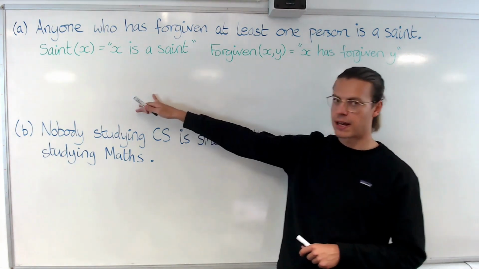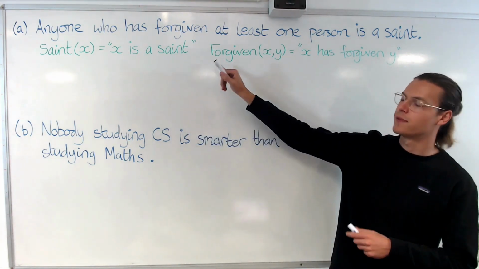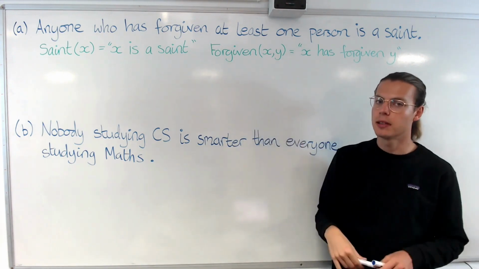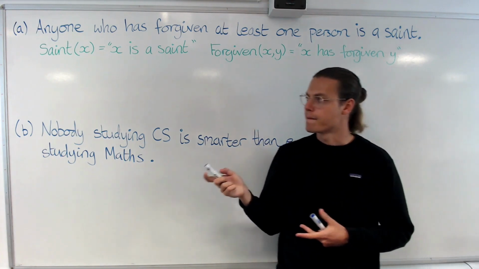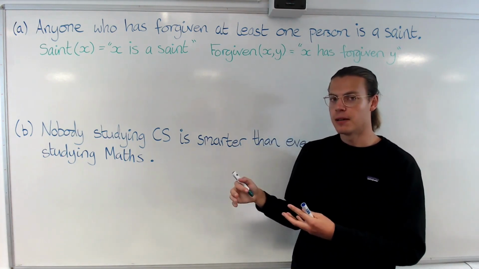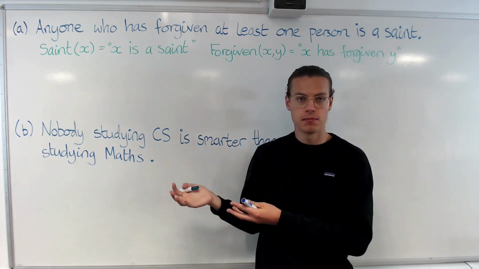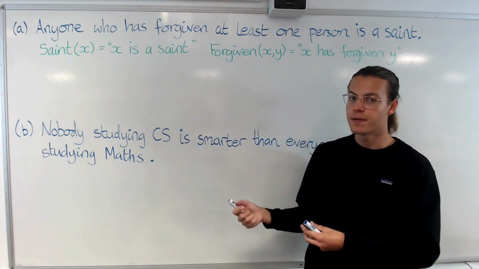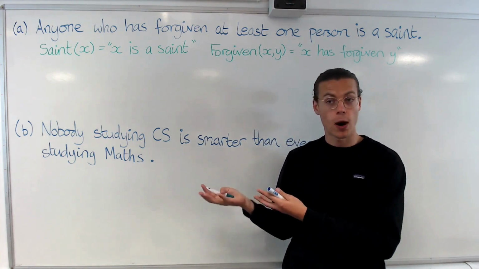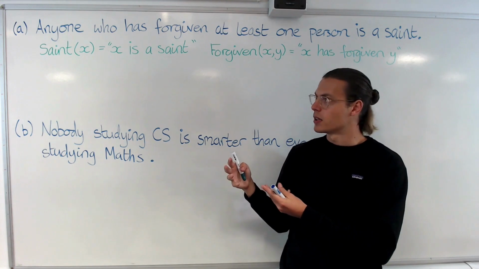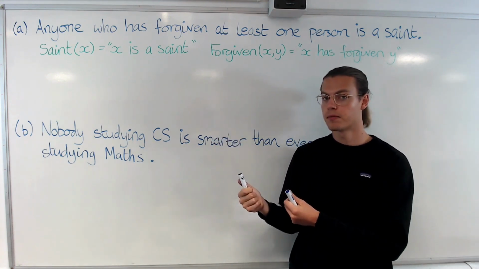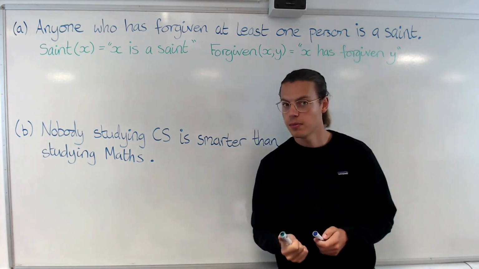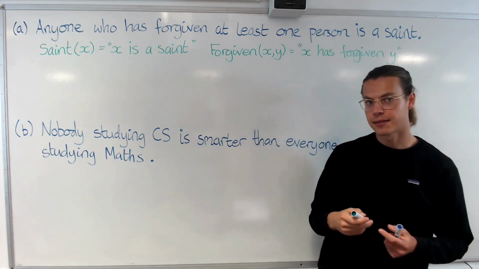Okay, let's look at the statement again. Anyone who has forgiven at least one person is a saint. So we can say, for any person X, if there is a person Y such that X has forgiven Y, then X is a saint.